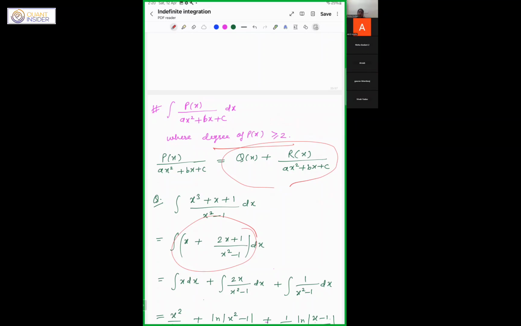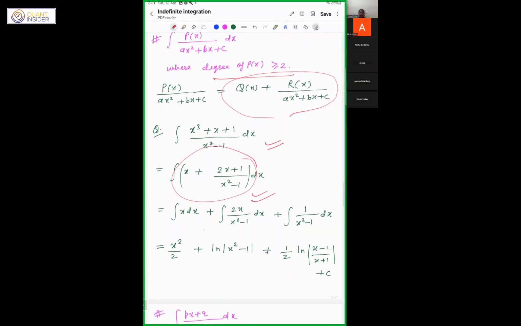So do you know how to divide in this question, to get x plus (2x plus 1) upon x square minus 1? Do you know the division? What about others? Okay. So I'm not doing that division here.